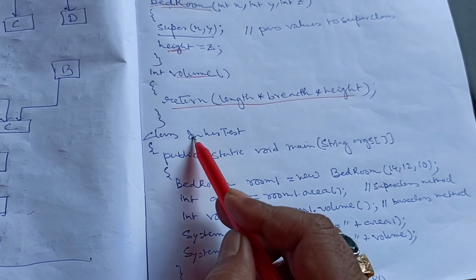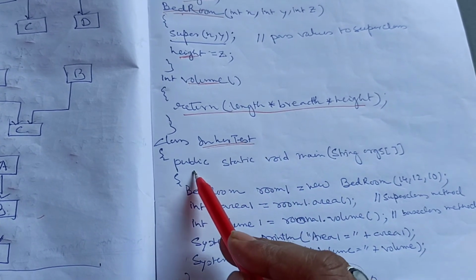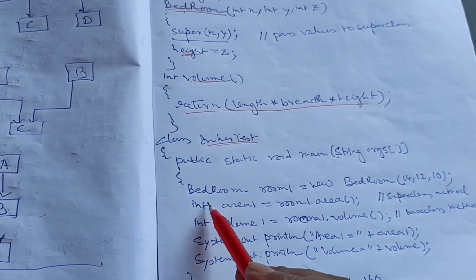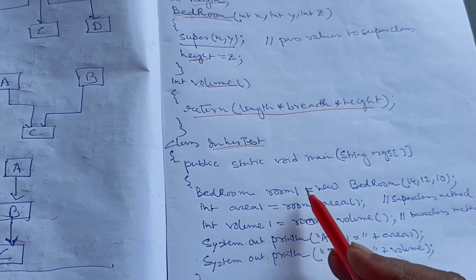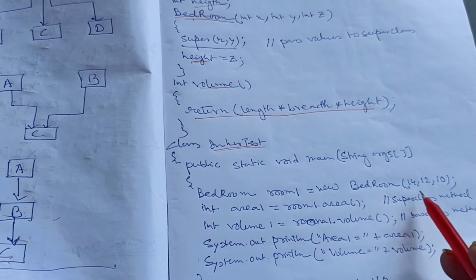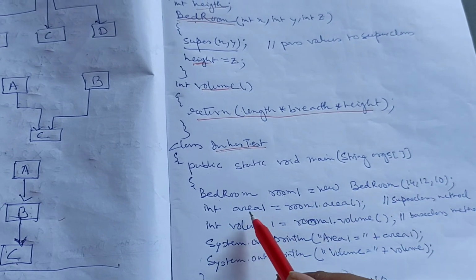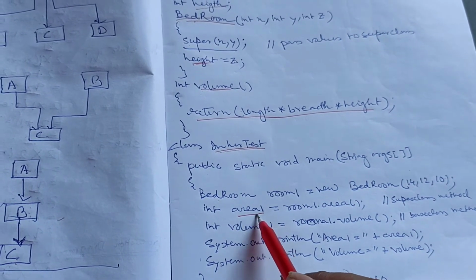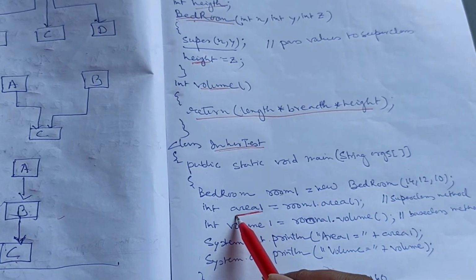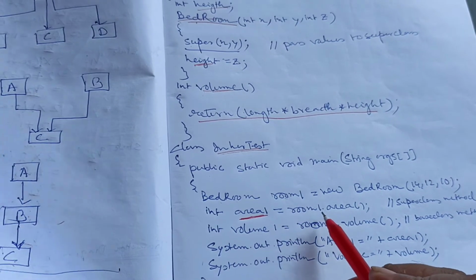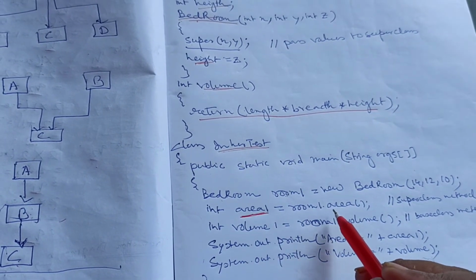Now this is the main method. Public static void main. Here we have created an object of the bedroom class whose name is room1. We have passed the values of length, breadth and height. Now we have created a variable area1 equal to room1 dot area.